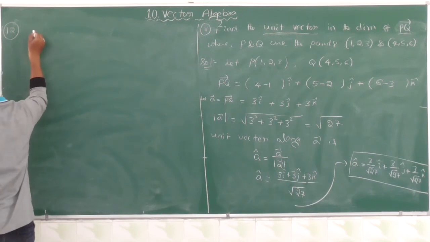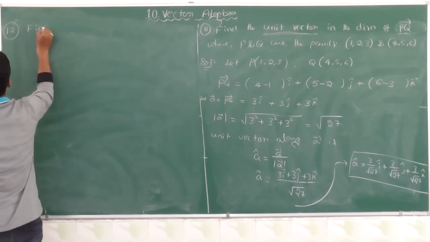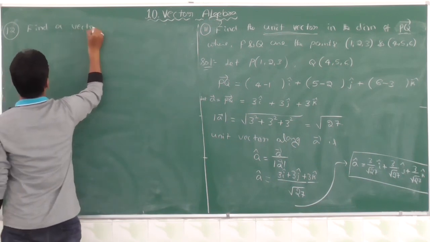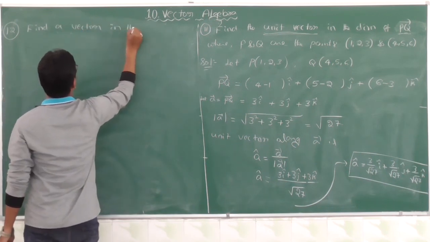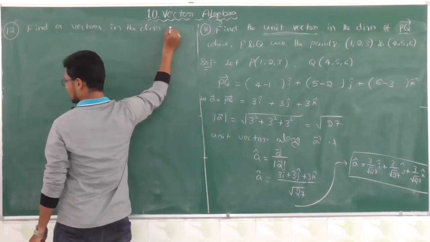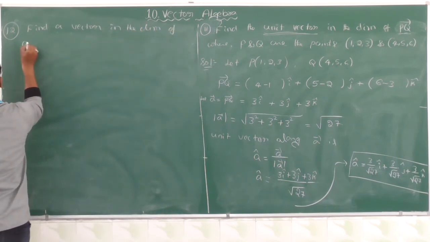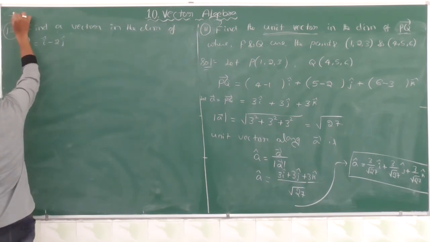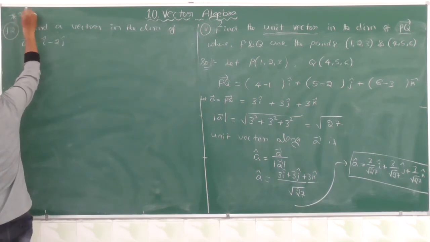Find a vector in the direction of A vector equals i minus 2j that has magnitude 7 units. This problem is also important for 2 marks. Can you mark it?